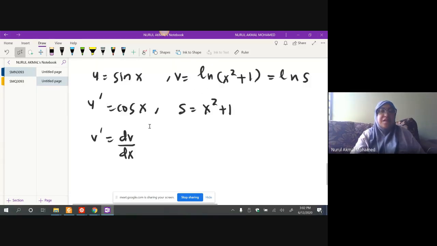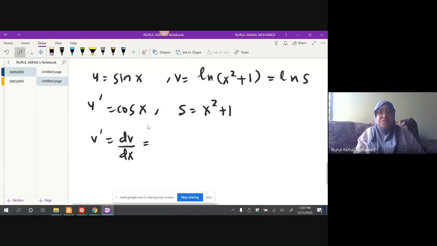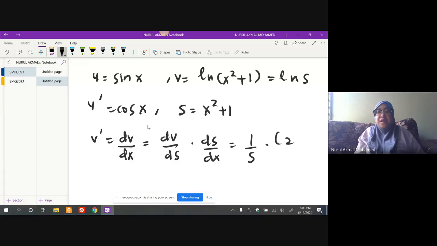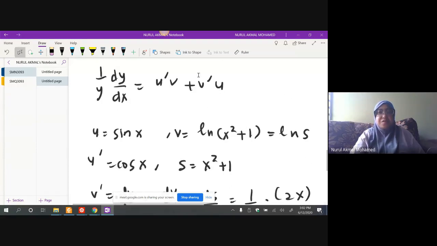So dv/dx is equal to dv/ds multiplied with ds/dx. dv/ds, you differentiate ln s with respect to s, you get 1 over s. ds/dx gives you 2x. So the answer will be 2x divided by x squared plus 1, since s is x squared plus 1. This is v prime, so you have to substitute it here.